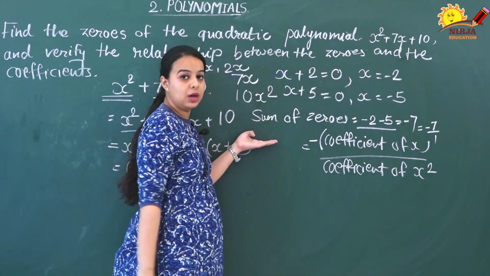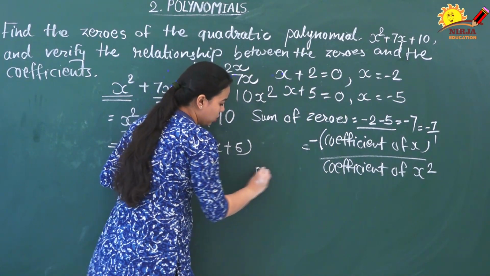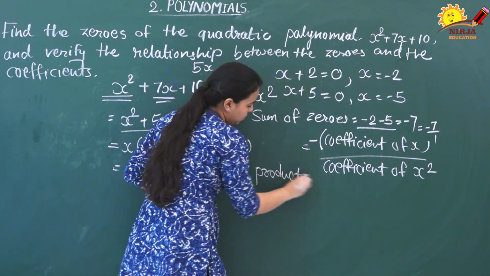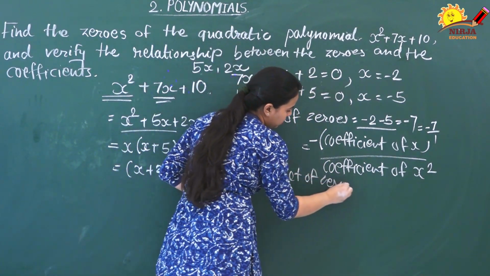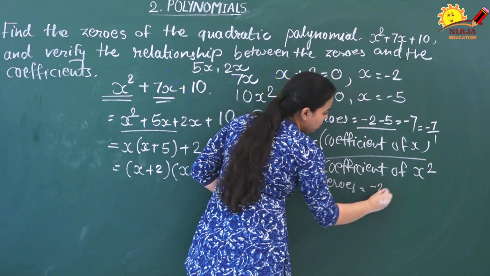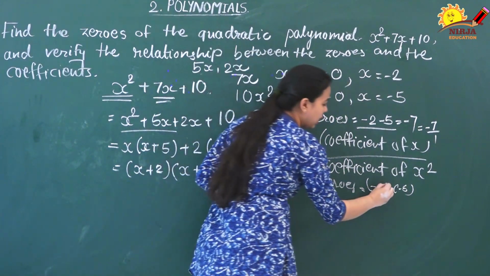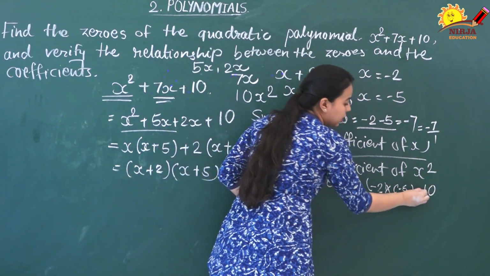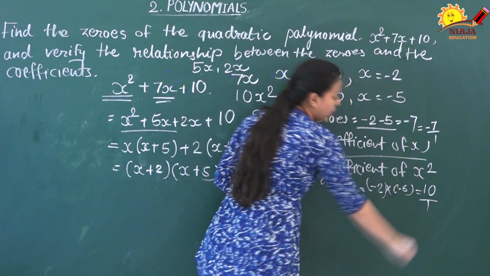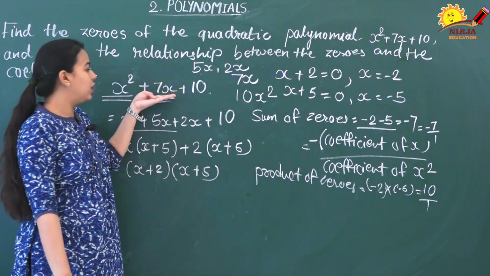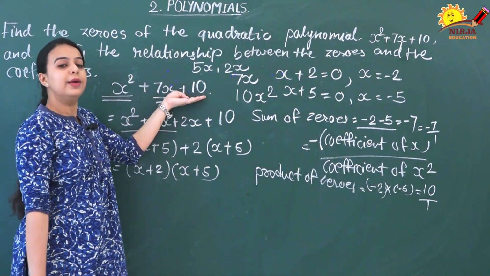Now after the sum we need to do the product of zeros. Minus 2 multiplied by minus 5 is equal to 10, and this 10 we can write as 10 upon 1. As you have seen in this polynomial, 10 is nothing but the constant term.